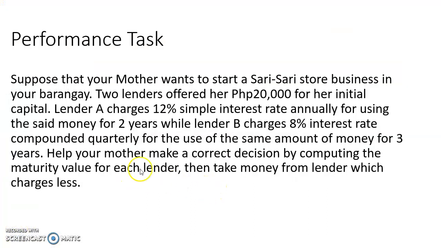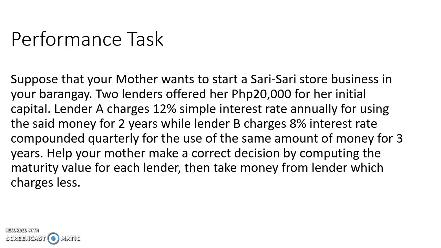Okay, now for your performance task, suppose that your mother wants to start a sari-sari store business in your barangay. Two lenders offered her 20,000 pesos for her initial capital.